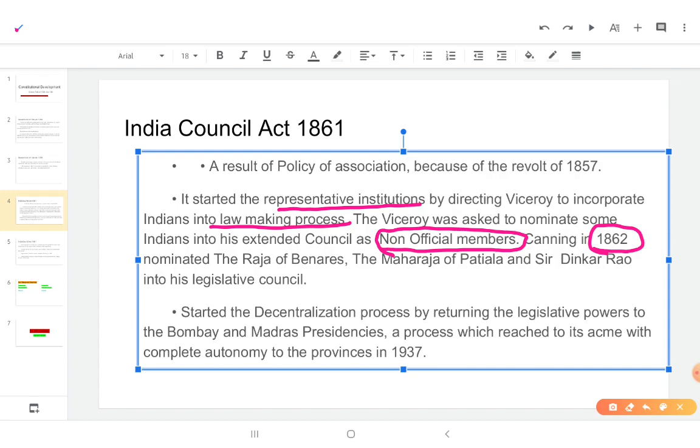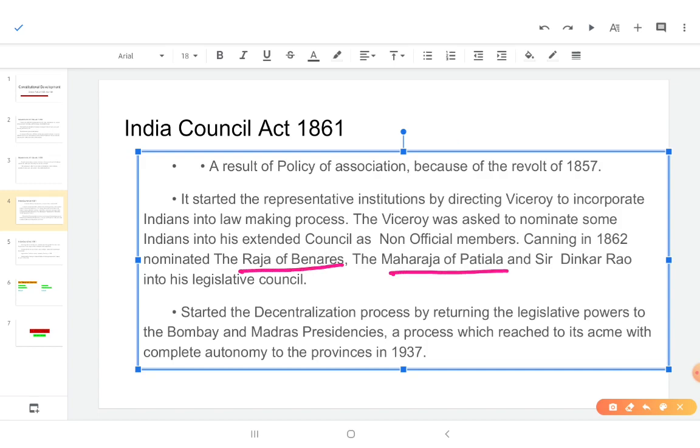We have studied that a council was created to assist the Viceroy in lawmaking process, and the legislature and the executive powers were separated altogether. So, for lawmaking process in the legislature, CLC that we have studied, Central Legislative Council, some Indians were added, and first of all, in the year 1862, 3 Indians were added to it. The first one was the Raja of Benares, second one was the Maharaja of Patiala, and the third one was Sir Dinkar Rao, and added to Central Legislative Council.